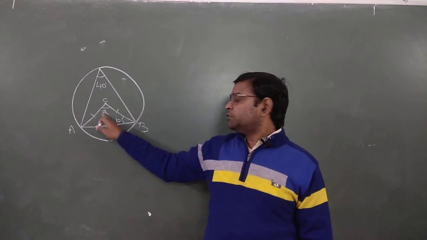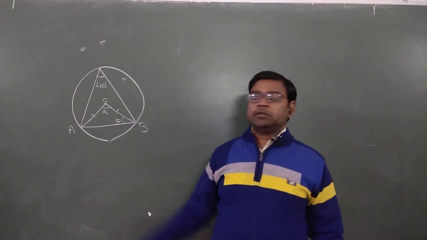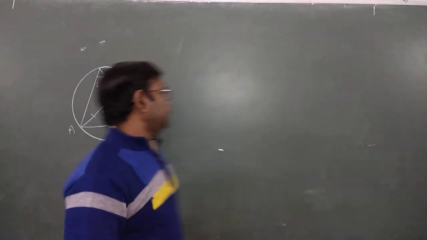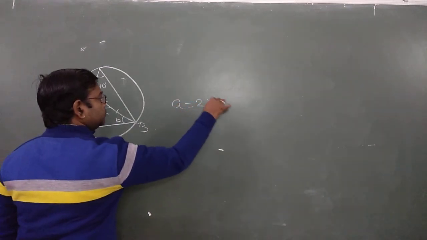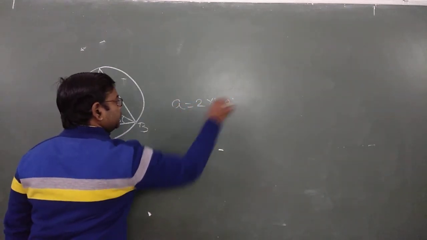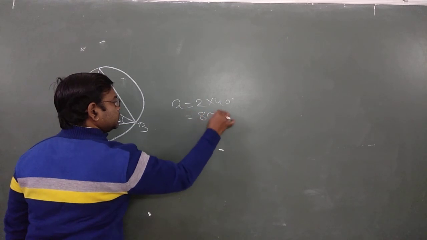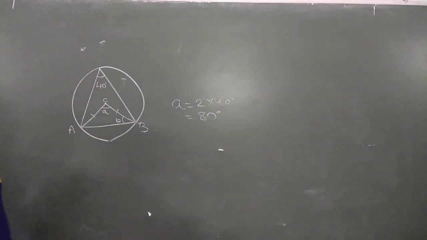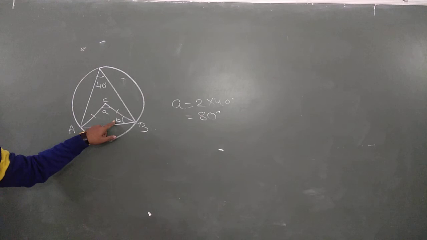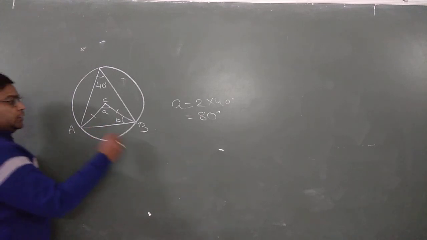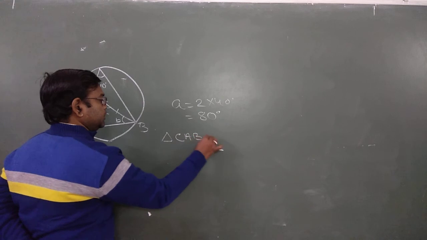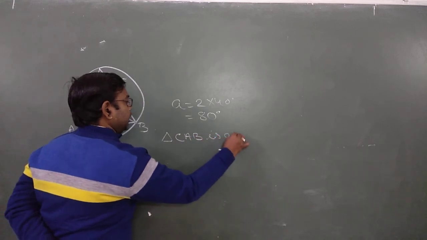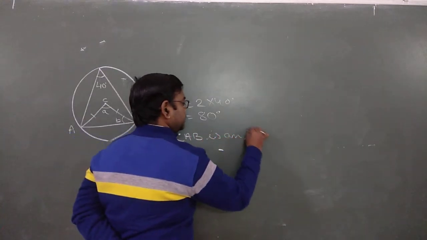So what is the value of A? It's double the circumference one. The value of A is 2 into 40 degrees. You must know why. Clear? So what is the value of B? As we know, triangle CAB is an isosceles triangle.